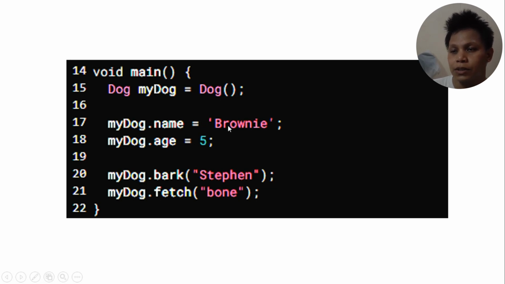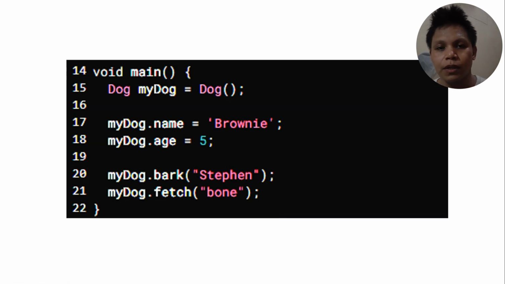We initialize its variables, and then we call each of its methods. So, ganun lang.